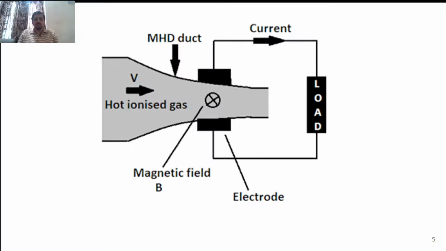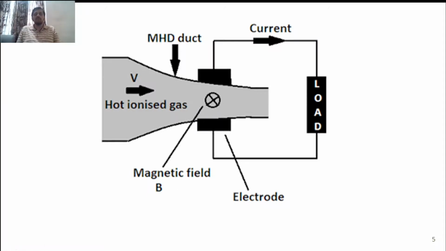This is another simple line diagram. A hot ionized gas is given, and the magnetic field is perpendicular. This cross symbol represents that it is perpendicular to the plane of the screen. This is a duct, of varying cross section, the current will be generated and given to the load.